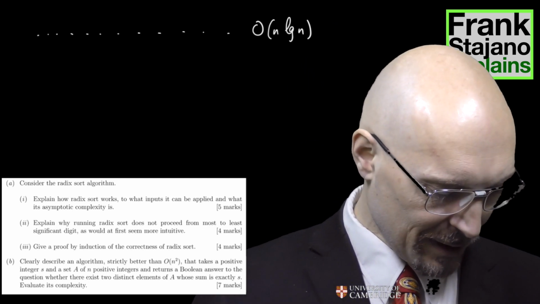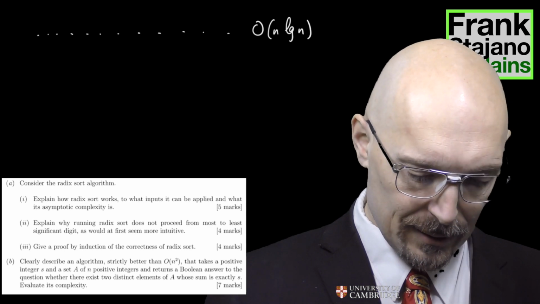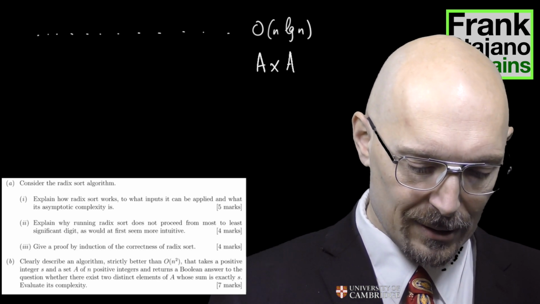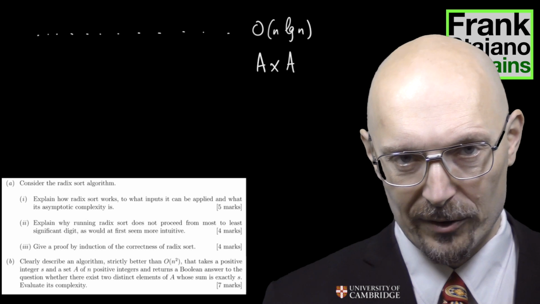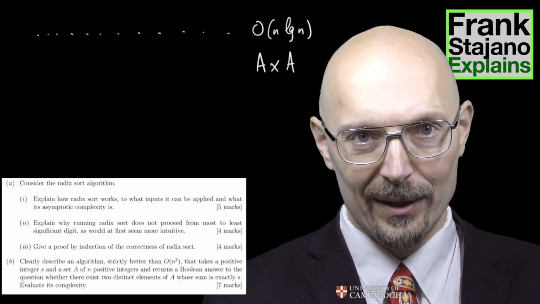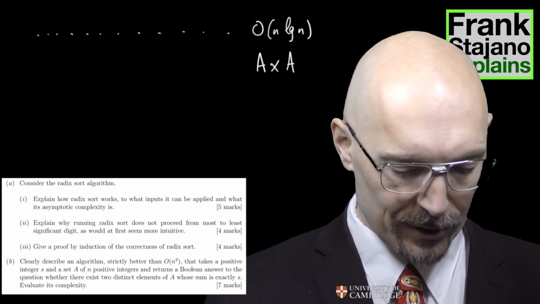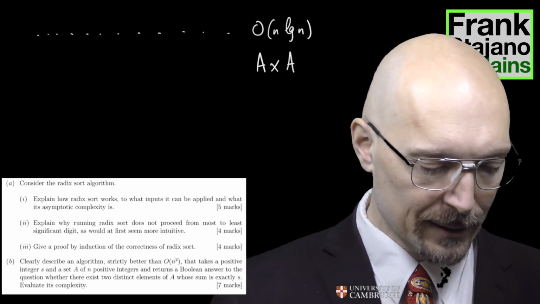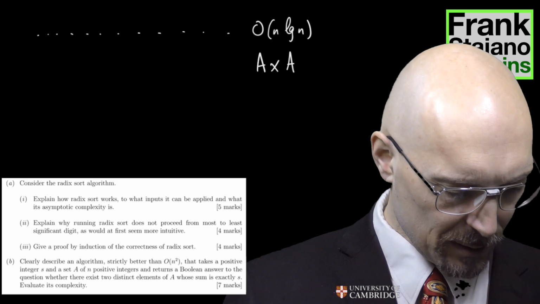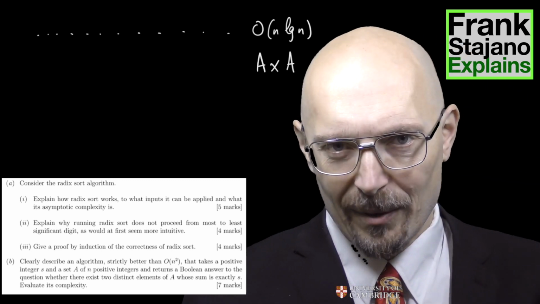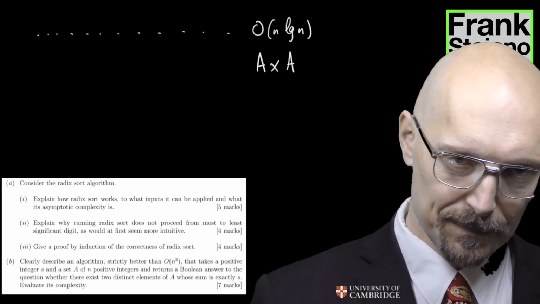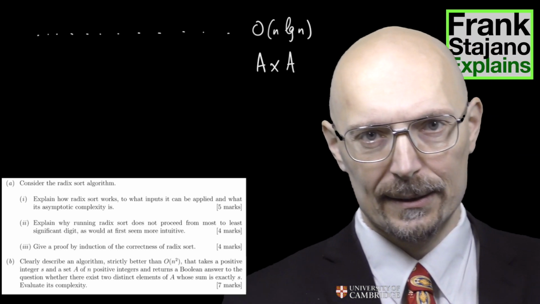I just get myself the Cartesian product of A with itself, and I take all the pairs, and for each pair I see if the numbers add up to s or not, which costs big O of n squared. And this strategy that I was working towards ends up being no better than that in asymptotic terms, and so that's not so good.